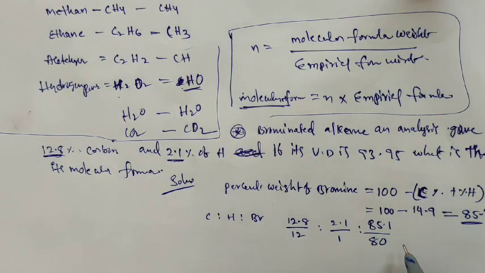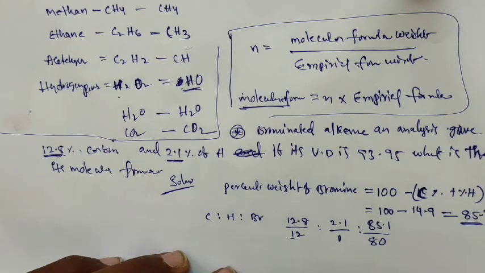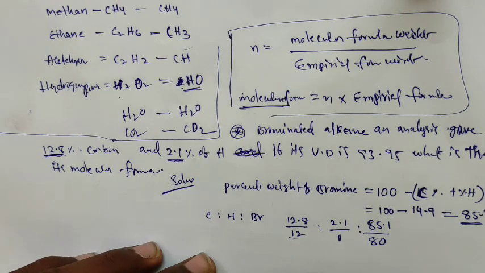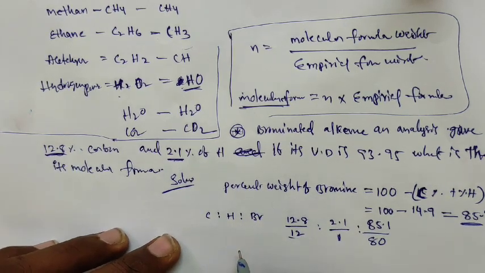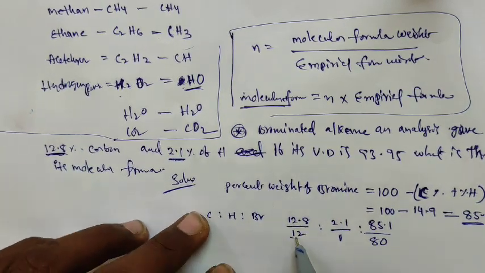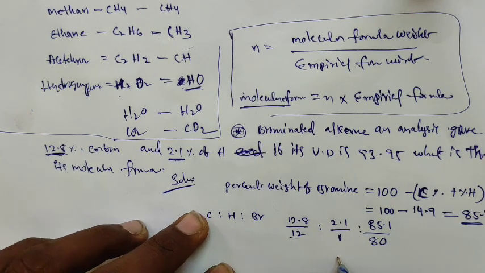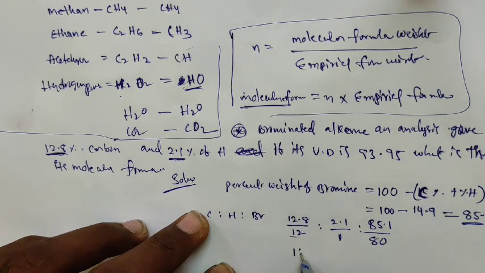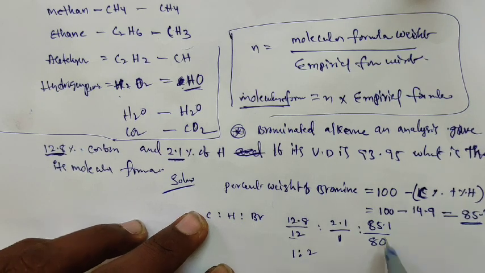So now, this is atomic weights of hydrogen, carbon and bromine. So empirical formula, how we can find this: 2.1 means this is exactly one time, 1 is to, this is 2 times, 2 is to, this is also 1 time.